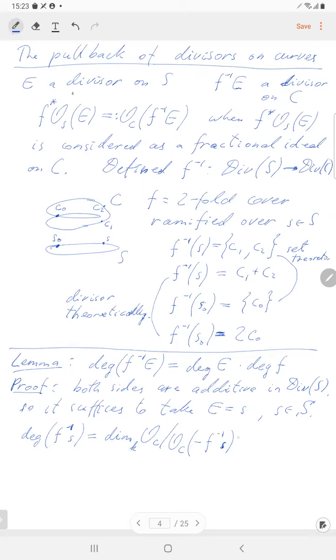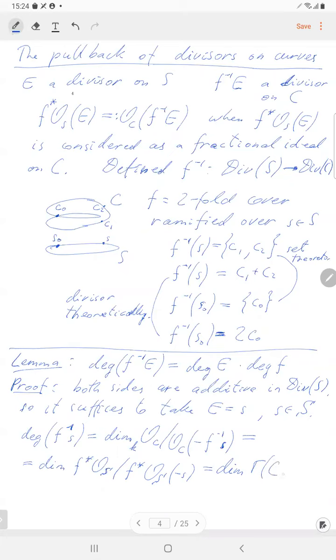Okay, and now we can rewrite this as the dimension of the pullback of the structure sheaf O_S over the pullback of the structure sheaf O_S twisted by this point. Then we get the dimension of the global sections over.